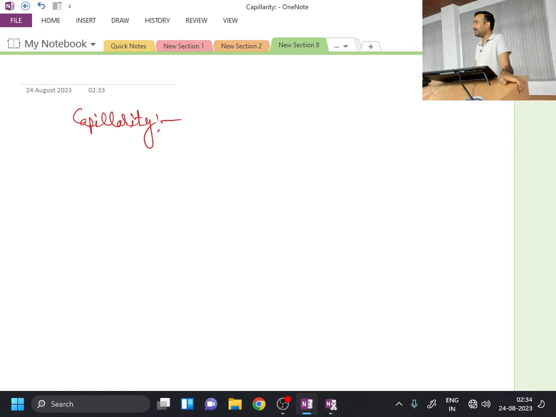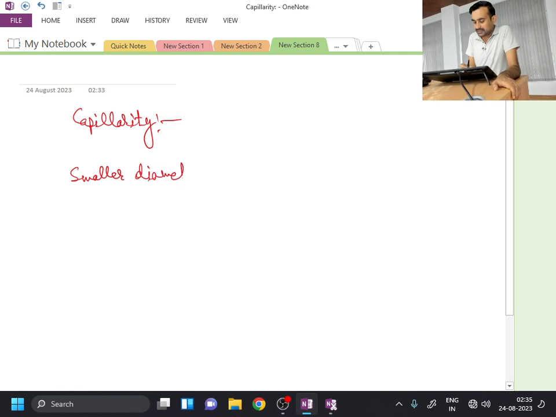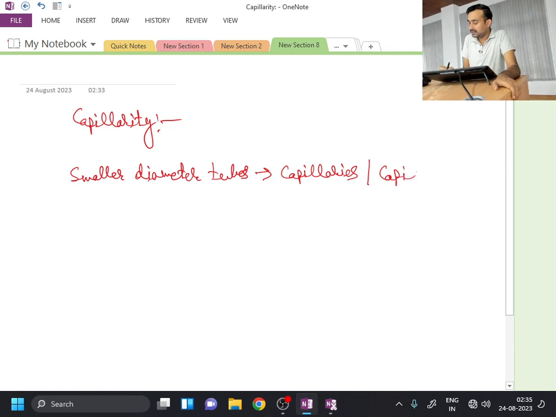So the study of this surface tension induced rise and fall of the fluid is known as capillarity. Okay. And typically the smaller diameter tubes in which this phenomenon happens are called capillaries or capillary tubes.